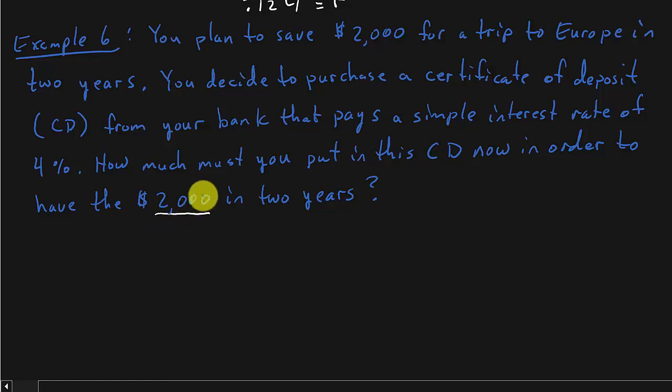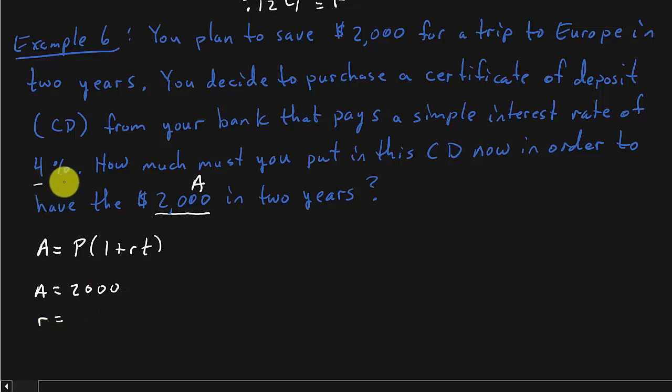So the 2,000, that's what? That's my future value. That's what I want in 2 years. So we're going to use this formula, A equals P times 1 plus RT, because see, I know A, okay, A is 2,000.